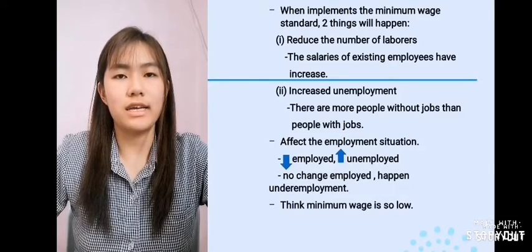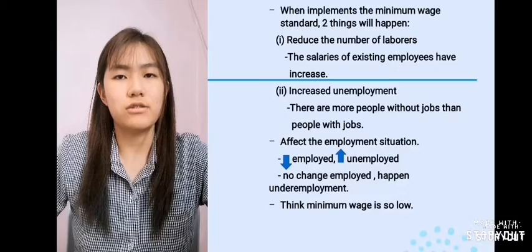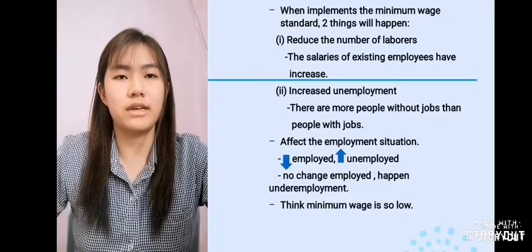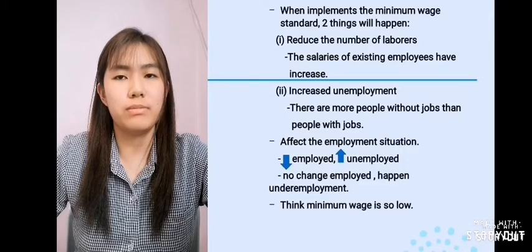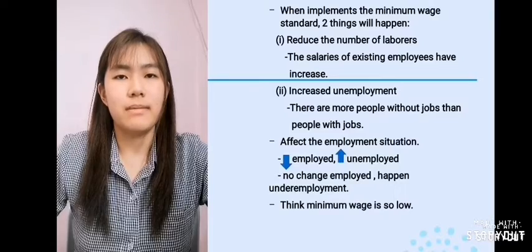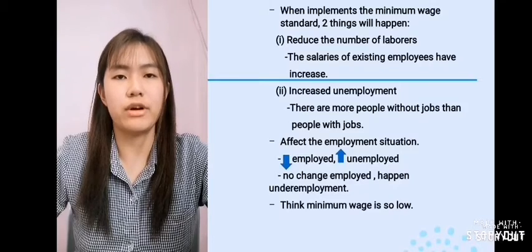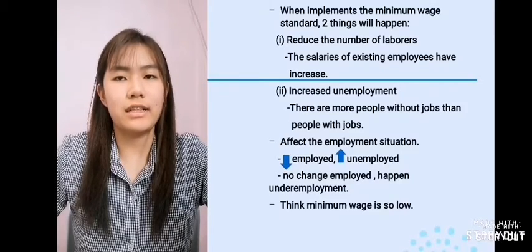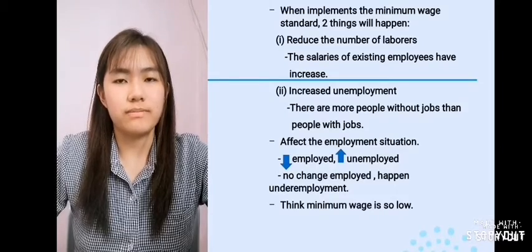This leads to higher wages for existing employees and fewer employment opportunities, which leads to an increase in the unemployment rate. Suppose there are 1,215 people who want to work at a salary of 5 ringgit, but there are only 800 job opportunities, so 415 people are unemployed. They want to work at the prevailing wage, but they cannot find a job.